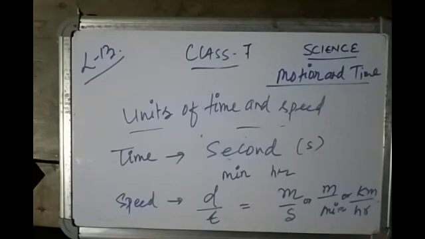Since the unit of time is second, the unit of distance will be meter. Since the formula of speed is distance by time, the unit of speed will be meter by second, or meter by minute, or kilometer by hour.